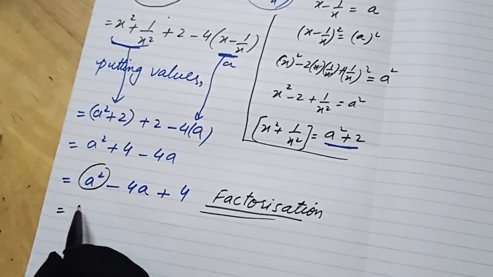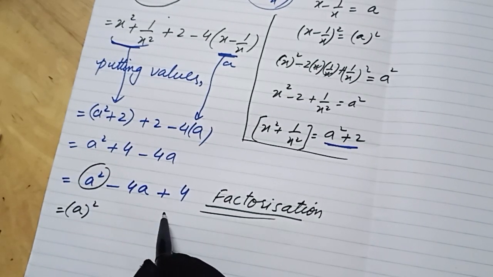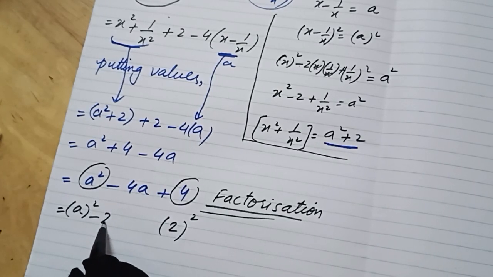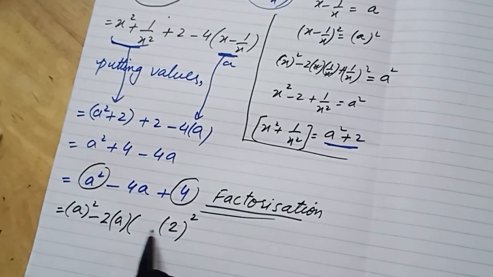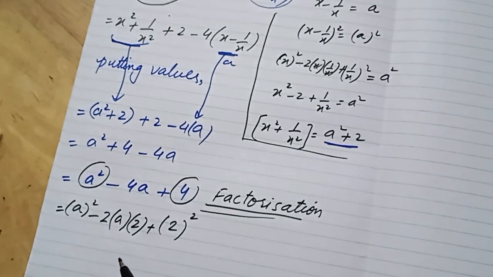So the factor of a square is clearly the whole square of a, and so many times we have done this, so you can easily understand that 4 is a number which is equal to the square of 2. Now the middle term, minus 2 times a into the last term, verify: minus 2 times 2 is 4a. Yes, it's okay.